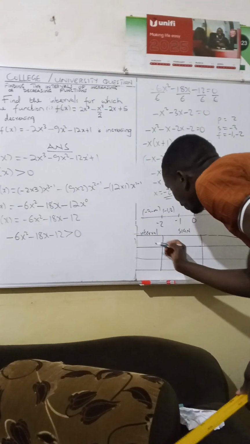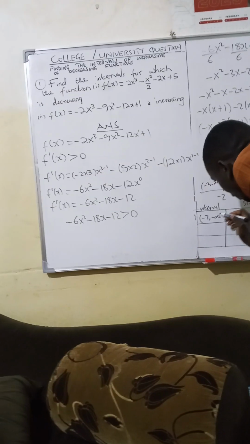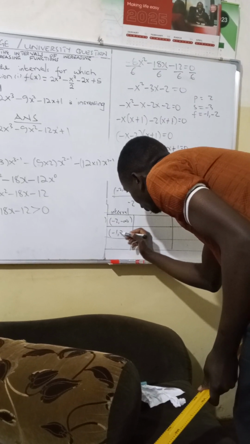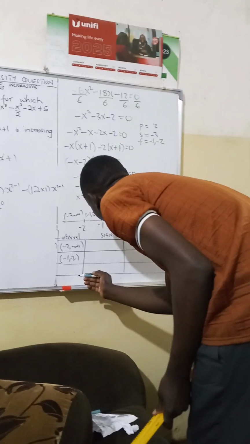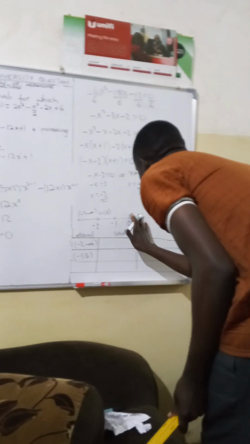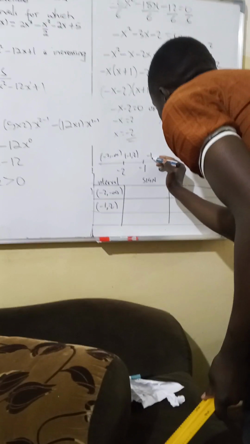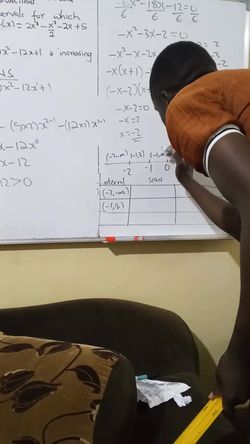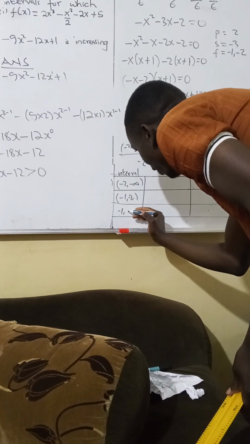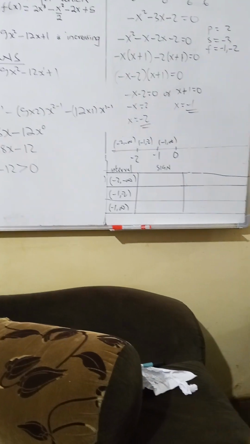The intervals are from negative 2 to negative infinity, negative 1 to negative 2, and my other from negative 1 to positive infinity.